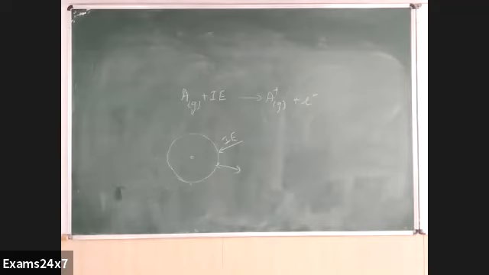Variation along the period. How does it vary along the period? How is it related to atomic size? Inversely proportional. So whatever you write for atomic size should be reversed for this. Along the period, size decreases, so ionization potential increases. Along the period it increases, because it is directly proportional to effective nuclear charge, right?